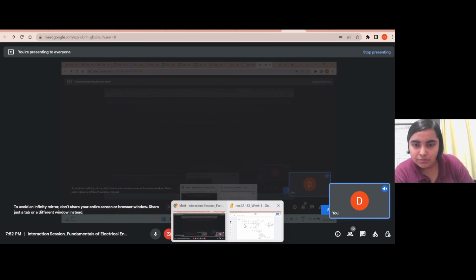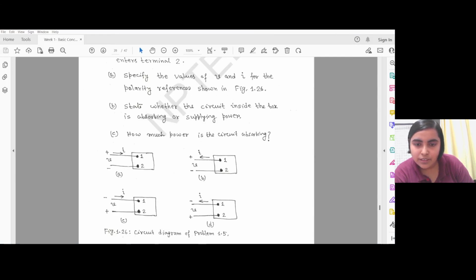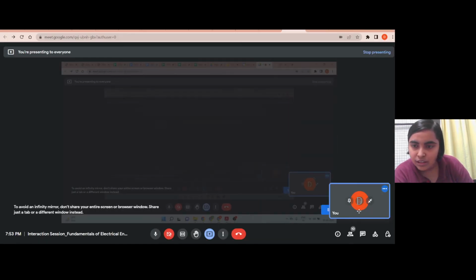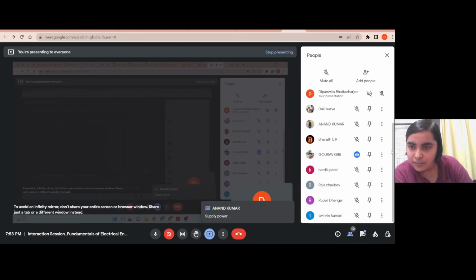So anyone else wants to comment on this one? Whether the circuit inside the box is absorbing or supplying power? In general, when it is said that any element is absorbing power, when current enters or leaves through the positive side of the voltage. Can anyone comment? Ma'am, delivering power.